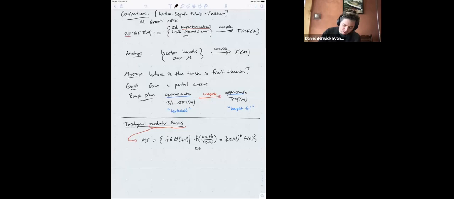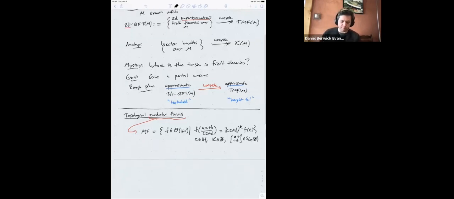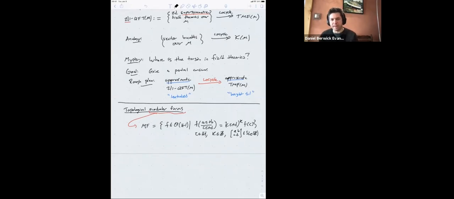Here tau is a point in the half plane, k is an integer, usually called the weight, and a, b, c, d is something in SL2Z. There's some issue about what happens at infinity that I'm just going to ignore for now, but this is one way to begin thinking about these classical modular forms. They've been studied in all sorts of different areas, with deep impact in number theory, amongst other places. That's at least one starting point: you might think about topological modular forms as an enhancement of modular forms.